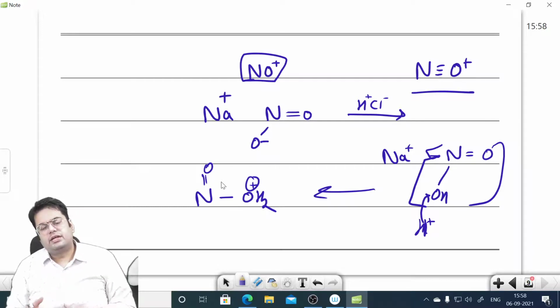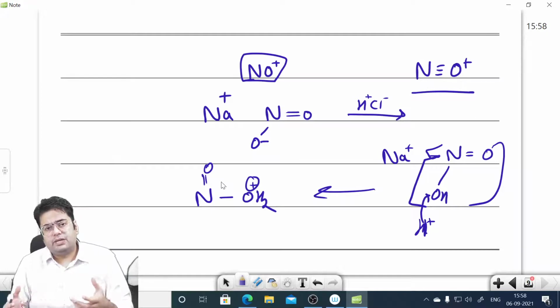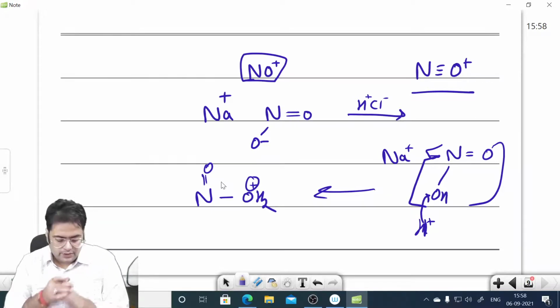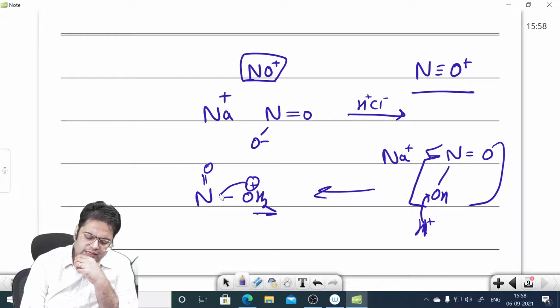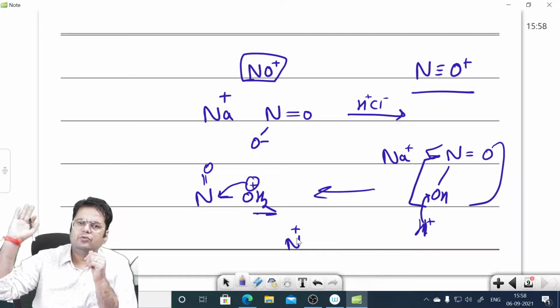As oxygen contains a lone pair, oxygen is the obvious choice for H plus. So H2O will form, and it is pretty obvious this oxygen will leave the plus charge to nitrogen and just be removed as water.